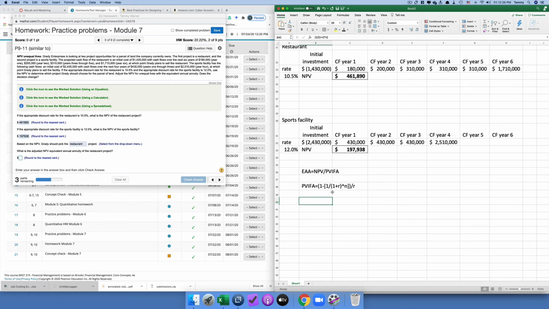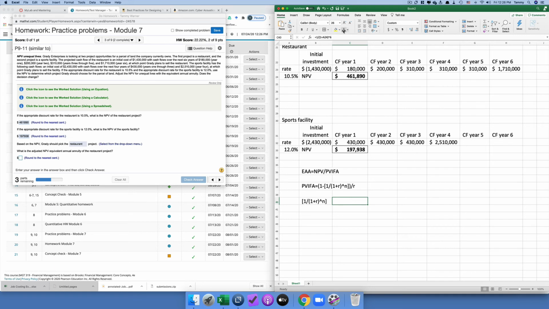Whenever you have a complicated formula that you need to solve using Excel, I always recommend breaking it into pieces. So let's first look at this part, 1 over (1 plus r) to the n. We're just going to calculate that out.